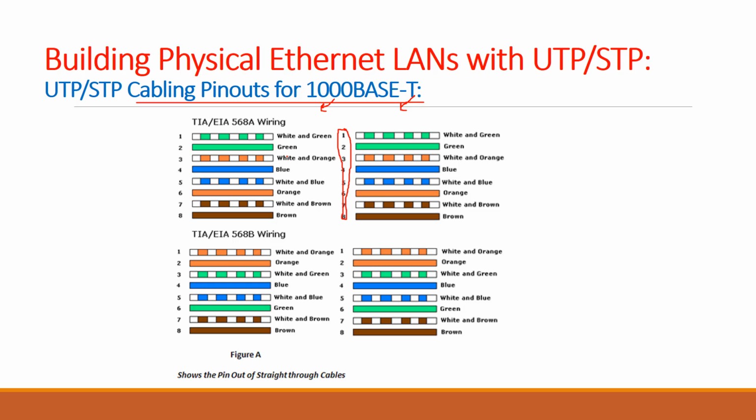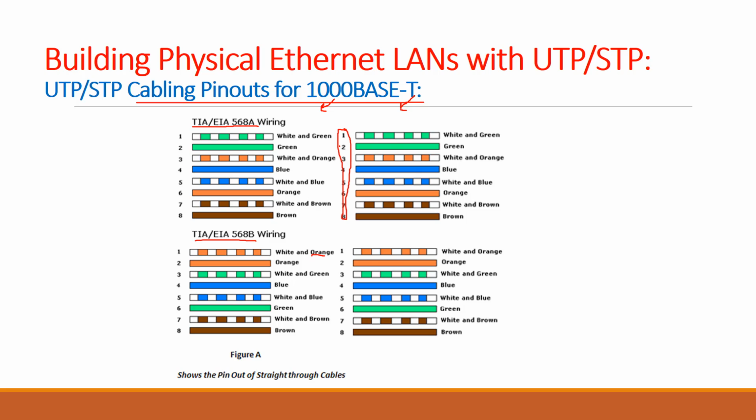You have to connect for a straight through 1 to 1, 2 to 2, 3 to 3, and so on. If you start with green, it will be standard TIA EIA 568A. If you start with orange, it will be TIA EIA 568B. But you have to connect all the 8 wires.